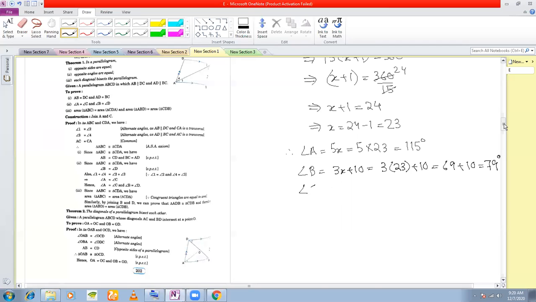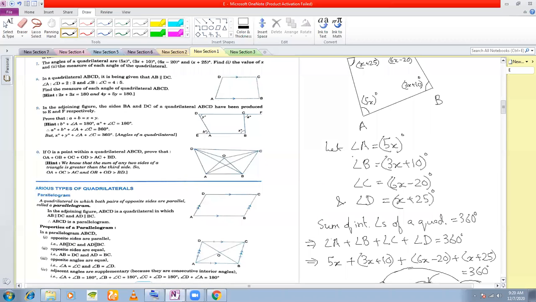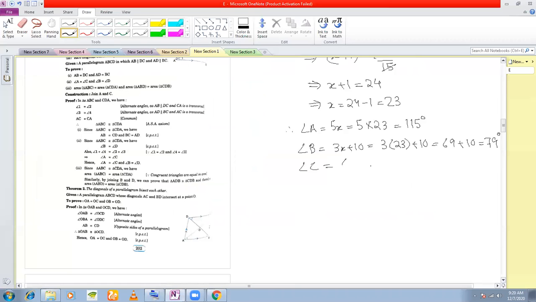Angle C. What is the measure of angle C we have taken here? 6x minus 20. So 6 into 23 minus 20. Okay, so this is 138 minus 20. This comes to 118.